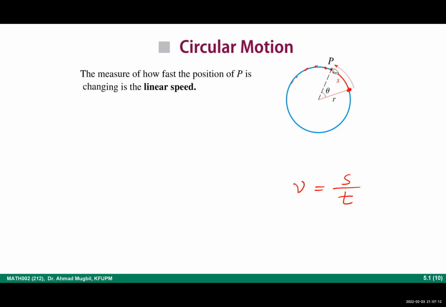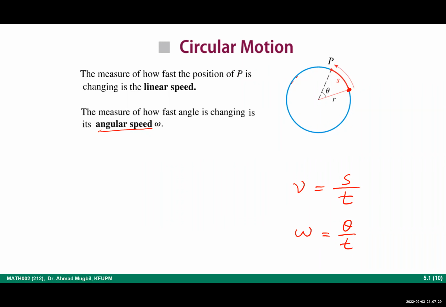So there is something here that changes with time. The rate of change of the angle with time, we call it the angular speed. It is about the rate of change of the angle with time. We will denote it by omega.